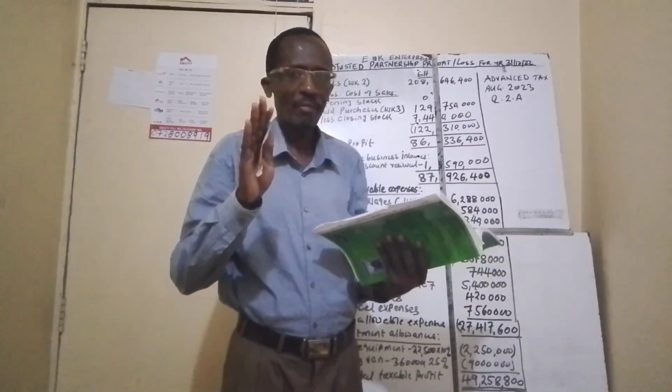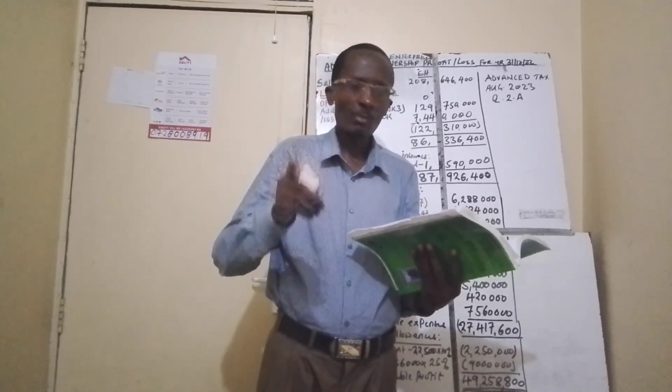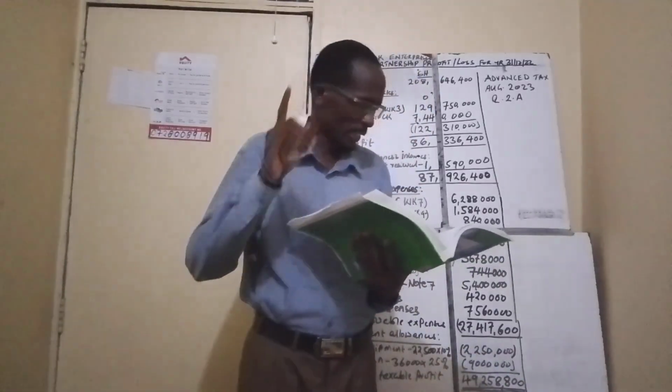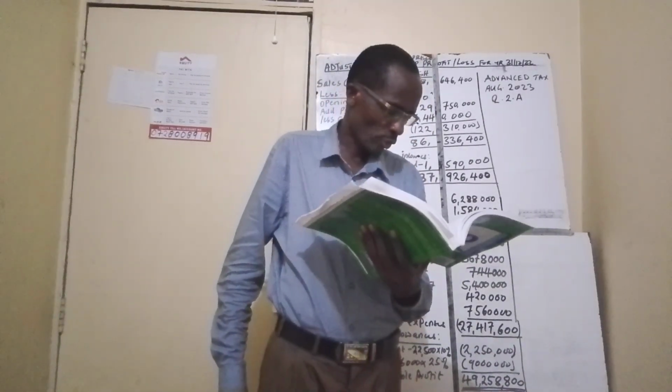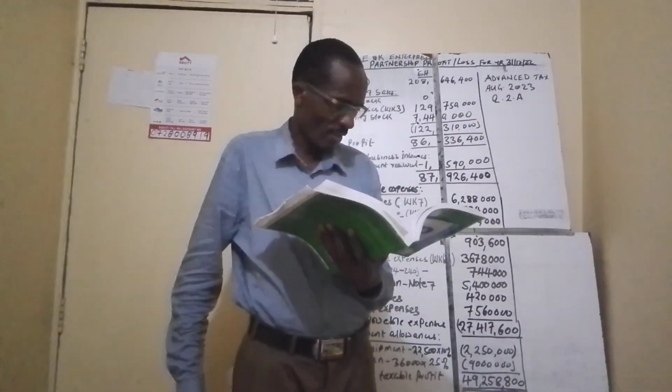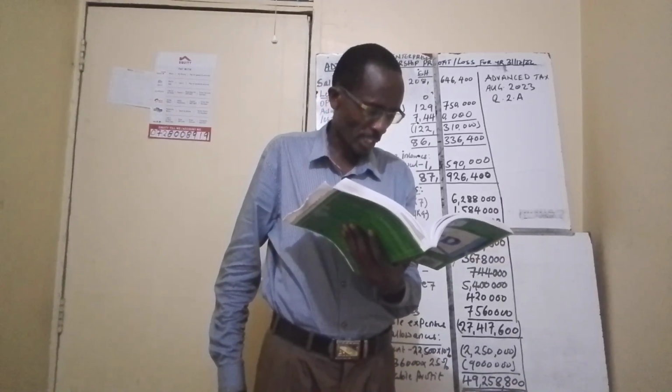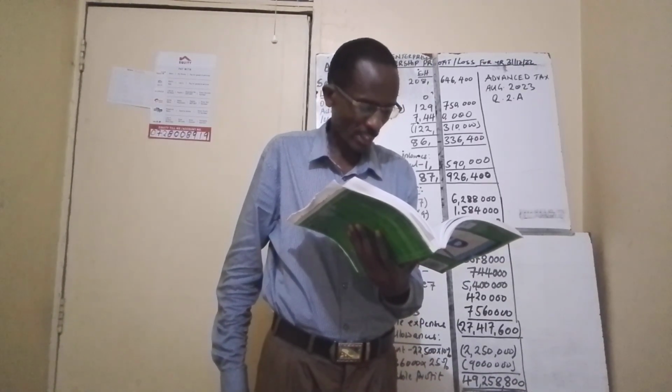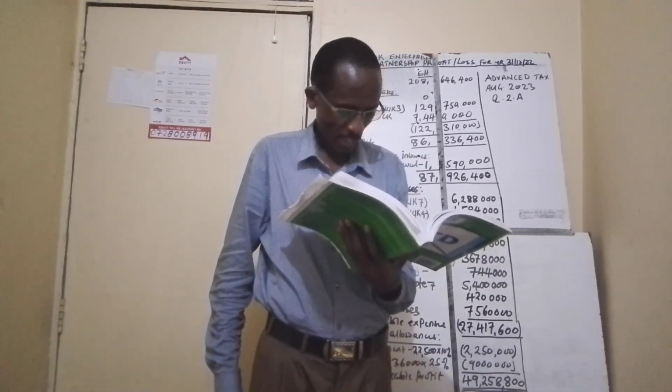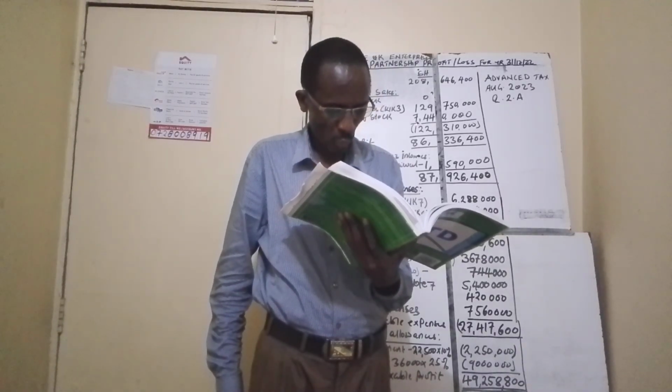So we don't have any balance brought forward. There are no opening balances because the business started 1st January. But we are told that as at 31st December 2022, the partnership owed suppliers shillings 9,360,000, while the amount owed by customers was shillings 10,740,000.